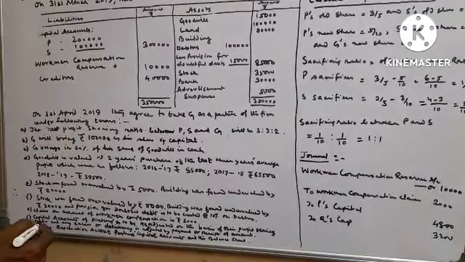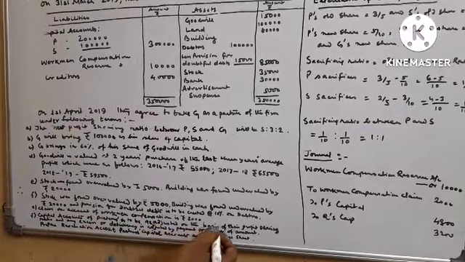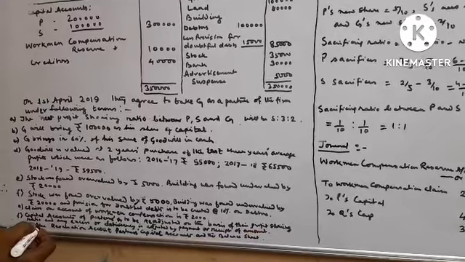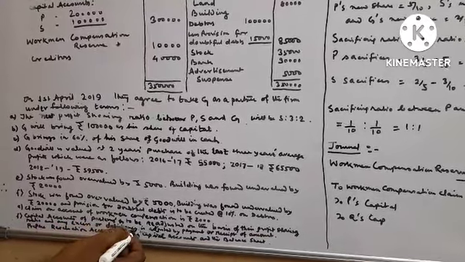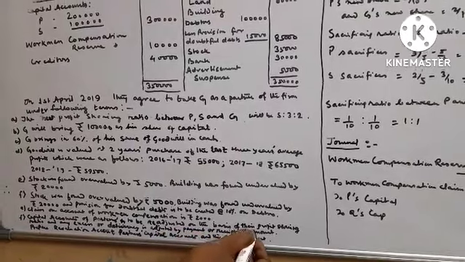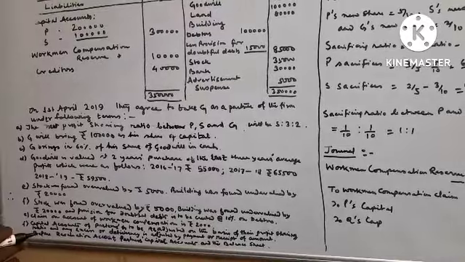Next, the last adjustment: the question is telling that the capital accounts of the partners are to be readjusted on the basis of their profit sharing ratio, and any excess or deficiency is adjusted by payment or receipt of amount. What do we have to prepare?